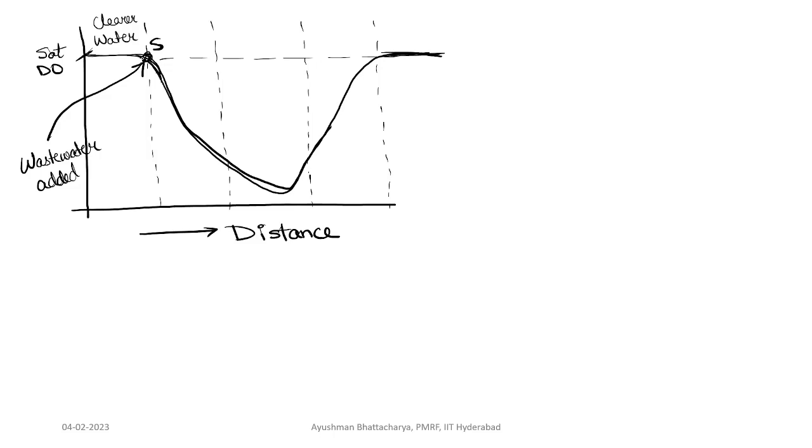You can see in the DO-sag curve, first there is clear water, then this zone is known as the zone of degradation. And this zone is known as the zone of active decomposition.